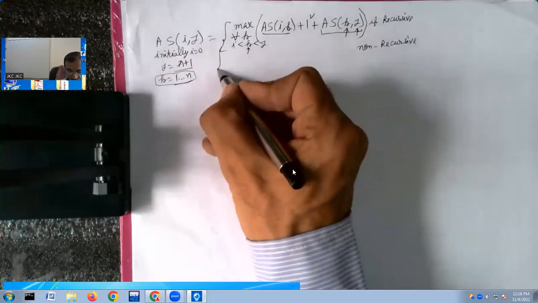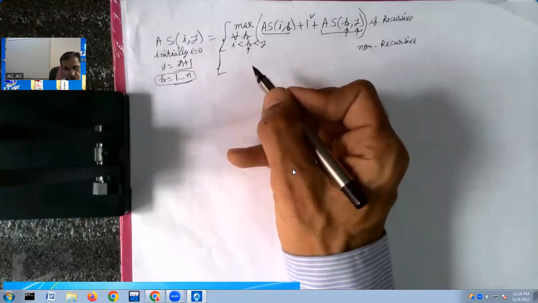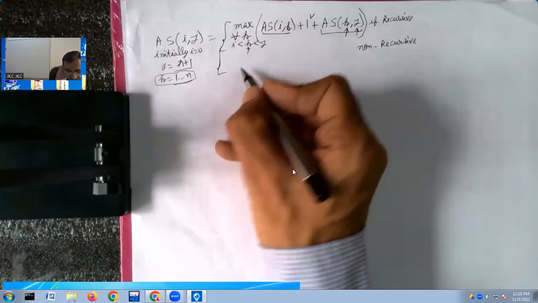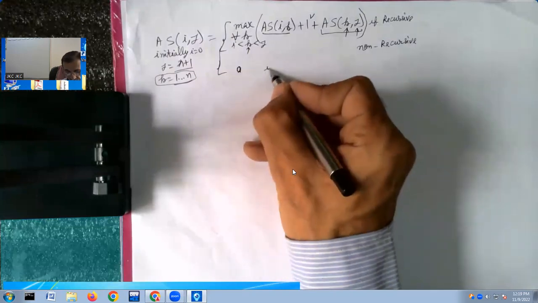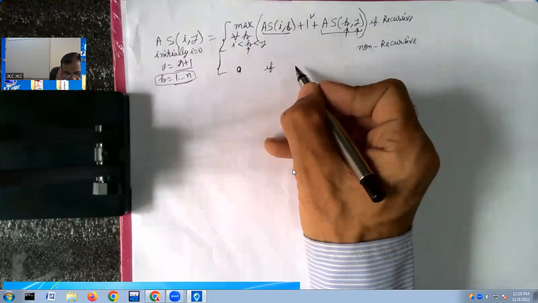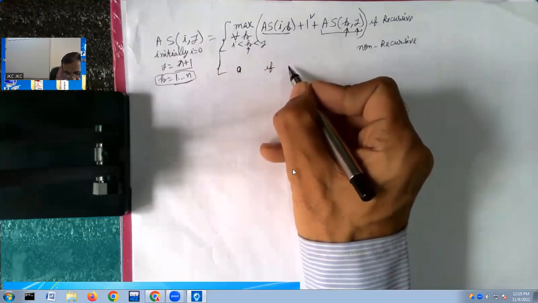For the non-recursive case, if there is only one activity, obviously nothing is to be selected. So it will return 0 if no activities are to be selected at all. When will that condition be? Obviously based on I and J, because I have already sorted the data based on finish time.